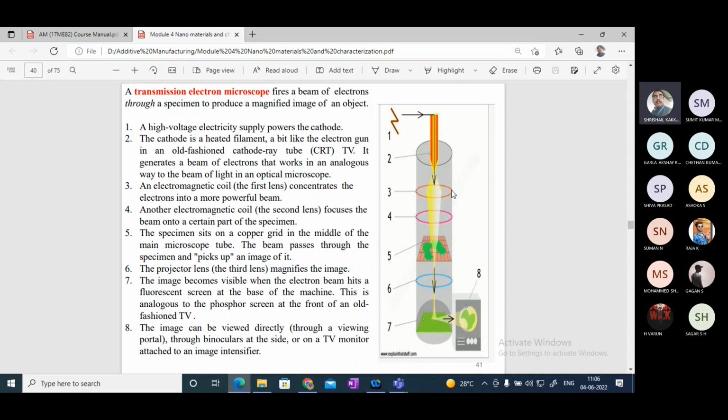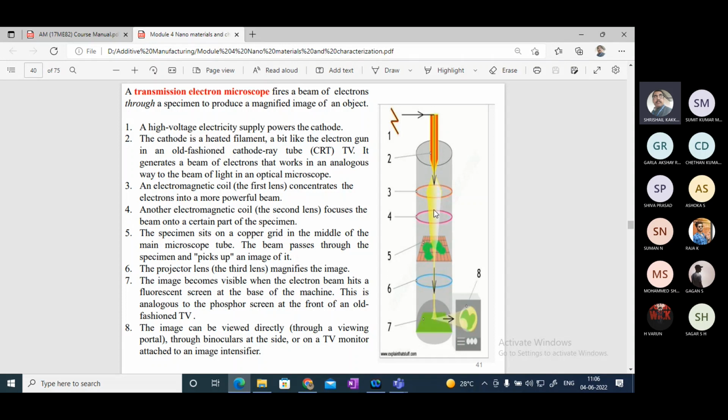The main function of the electromagnetic coil is that the divergent electron beam will be converged and made to flow in a systematic way. It will be deflected. Under the electromagnetic coil there is a secondary coil. It will focus the beam onto a certain part and deflect it towards the specimen.